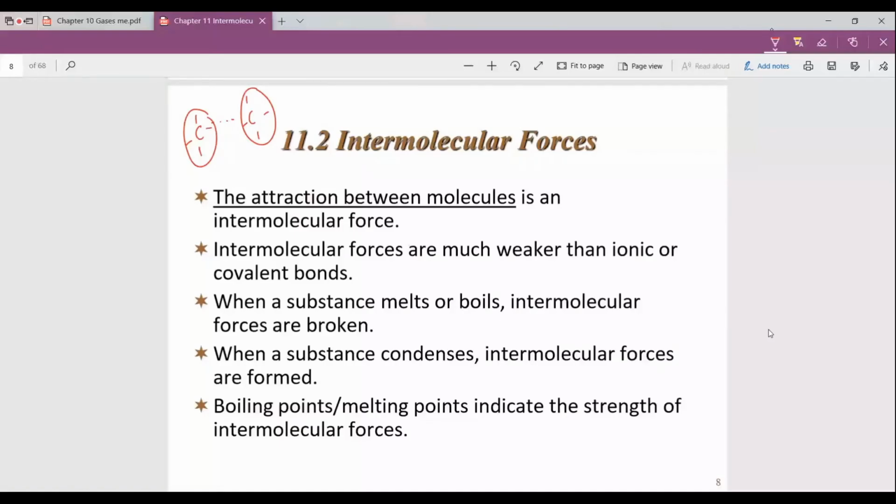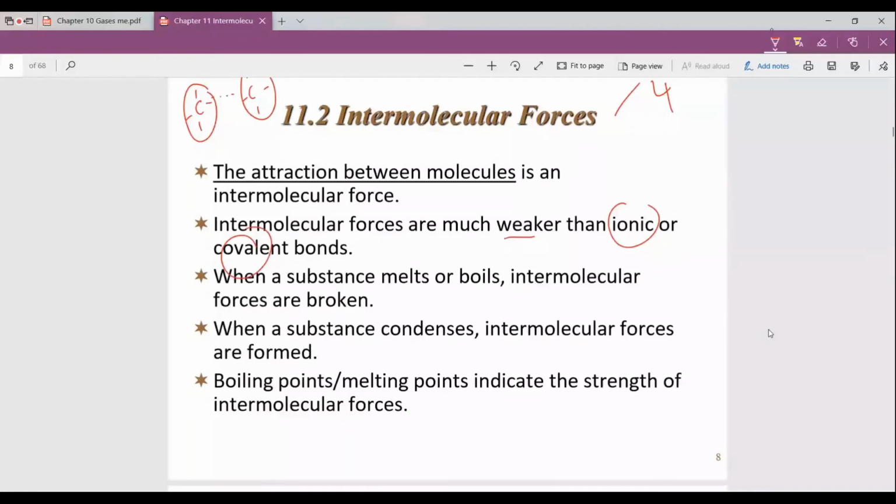So the intermolecular forces are much weaker compared to ionic and covalent. Covalent is the strongest bond compared to ionic bond. But these four intermolecular forces, we have ion-dipole, dipole-dipole, hydrogen bond, and London dispersion. These four forces are weaker compared to ionic and covalent, these two.